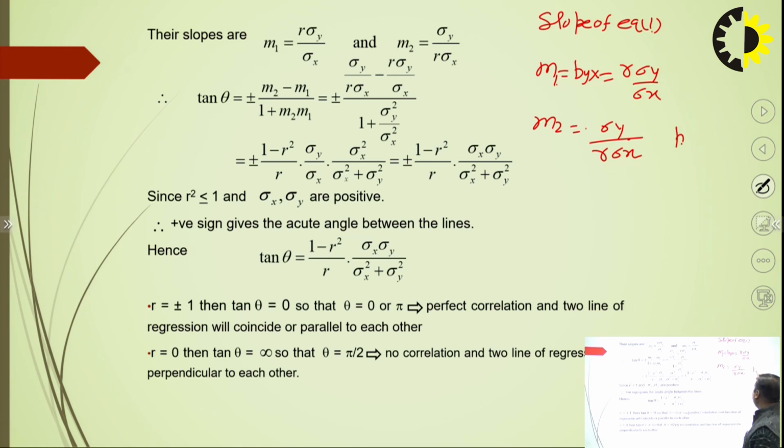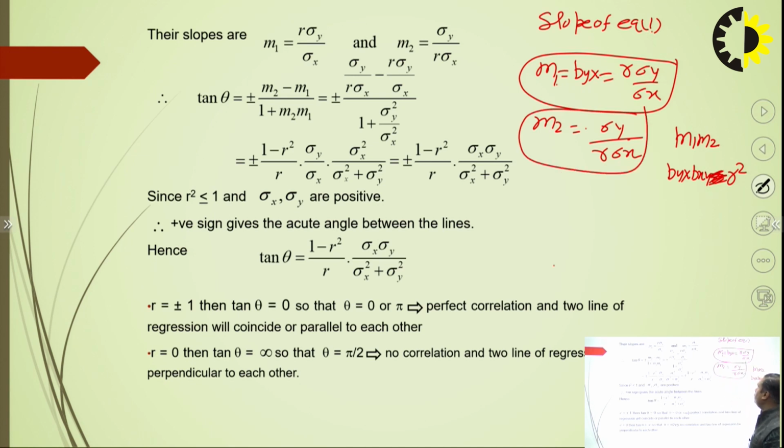Since m1 and m2 are inverse, the product of byx and bxy is equal to r square. If m1 is equal to r sigma y upon sigma x, then m2 is equal to sigma y upon r sigma x. Then we have to find tan theta, having the relation m2 minus m1 upon 1 plus m1 m2.